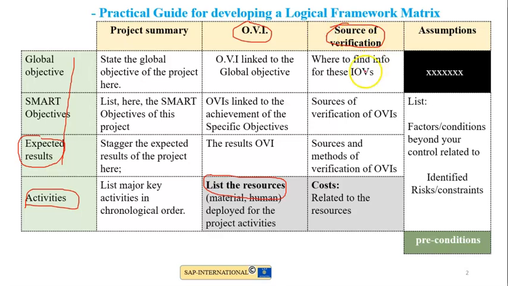Source of verifications, I don't need to say much. You just depend on your project. How do you verify? Which document or which area? How do you plan to verify whether the objectives are achieved or not? All right.